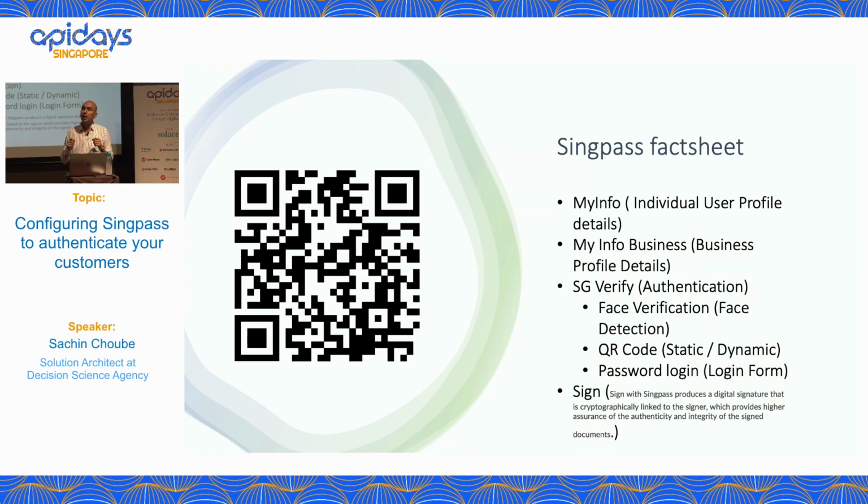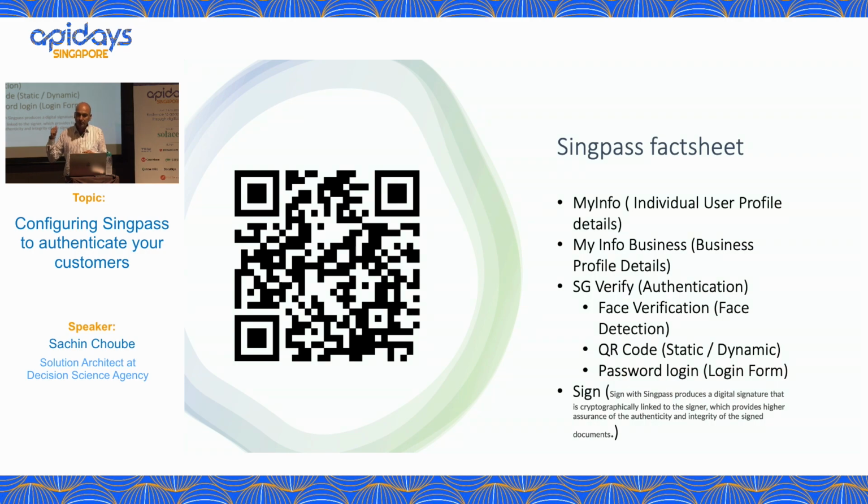Each individual, either Singaporean or resident, has their details digitally available. You can take them as per your business requirement. I will take two cases, two scenarios which are majorly used, and we will cover that as part of this session.